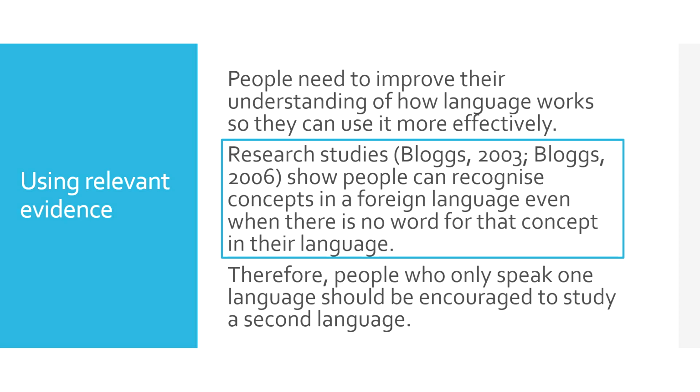However, that evidence does not link, once again, to the conclusion. So just some examples there of evidence that fits with the first premise and the conclusion, and two examples where the evidence does not. And you want to try to avoid these situations in your writing.